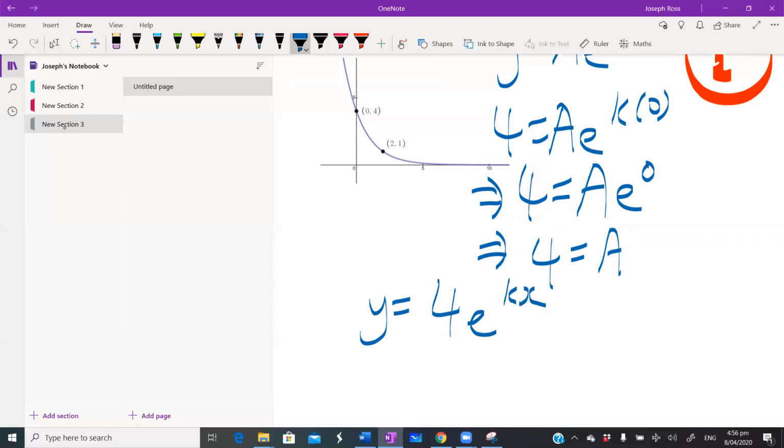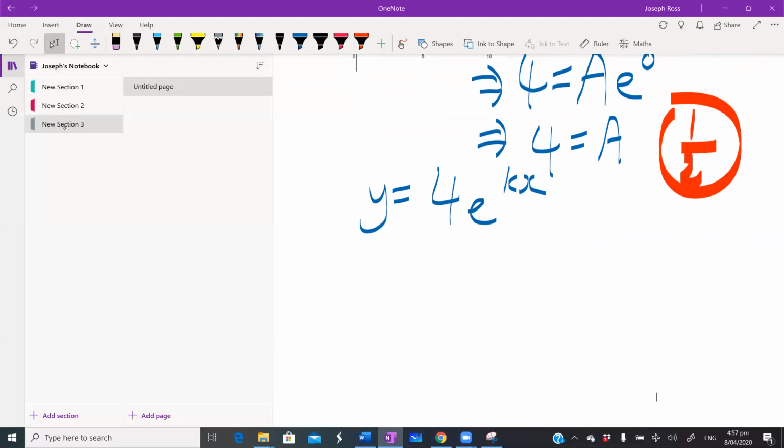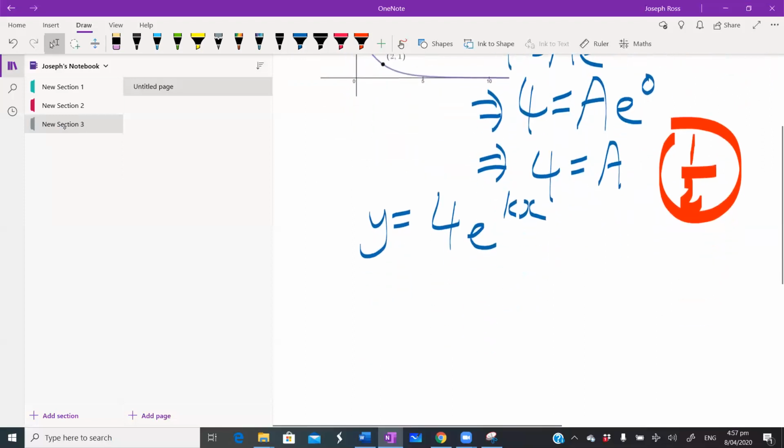Okay, so we have our value of a, so we get half a mark for getting the value of a correct. Now we need to substitute the remaining point, which is (2, 1), and we need to find the value of k from that.